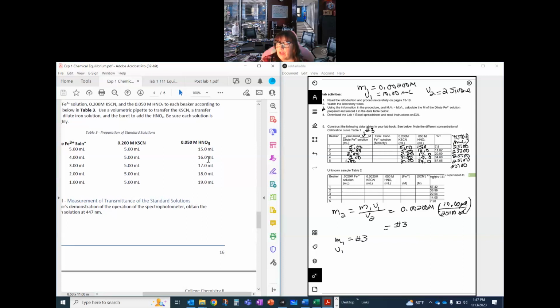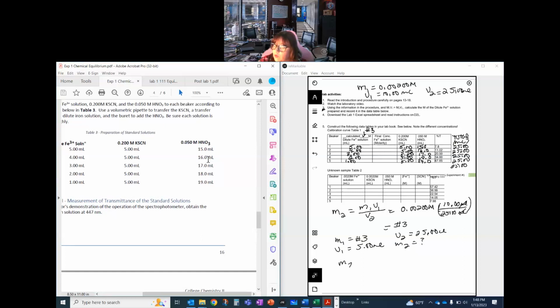The volume for that is going to be based on this amount that's in the table. So this one is going to be 5.00 milliliters. My V2 is going to be the total volume for each of these solutions. And that is, again, 25 milliliters that I'm making out of all of these things. So my M2 is unknown.